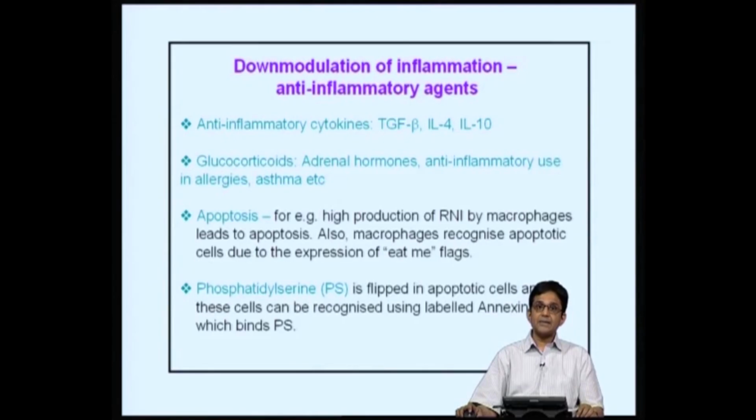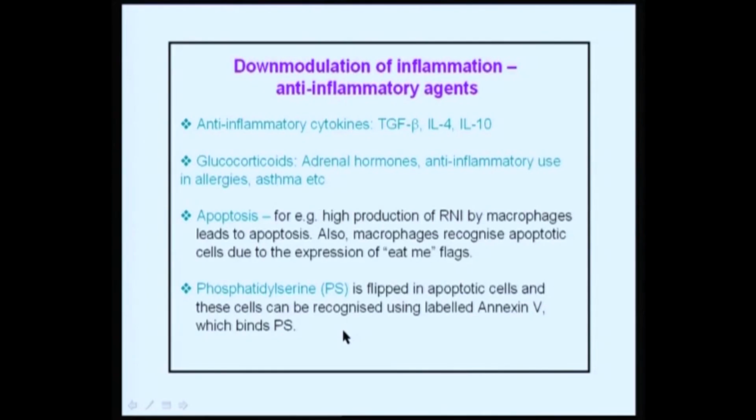One of the eat me flags is phosphatidylserine, which is usually present inside, but in apoptotic cells it is present on the cell surface, and this can be recognized using annexin 5, which binds to phosphatidylserine. Now, this particular assay is useful in detection of apoptotic cells. So, if you wish to look at cells undergoing apoptosis, often you can look at the surface expression of annexin 5, which is a marker for apoptotic cells.